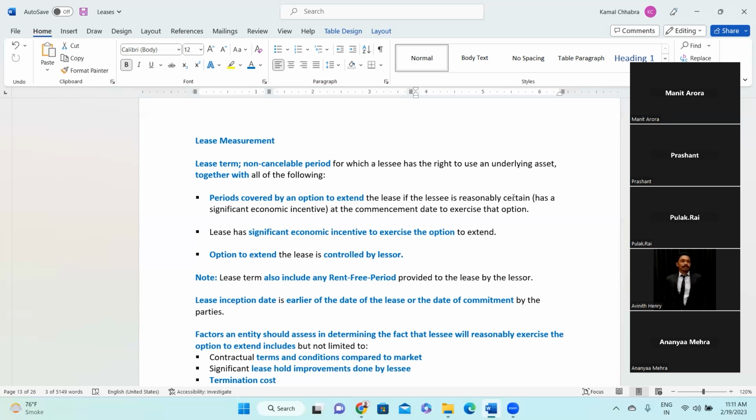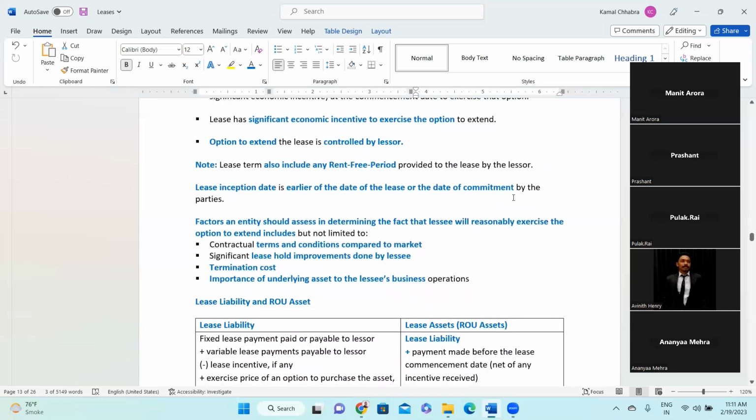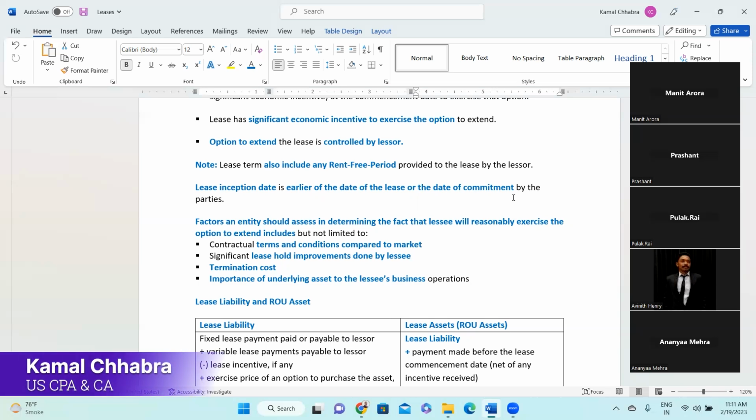Yes, sir. So note that the lease terms also include the rent-free period provided to the lessee by the lessor. Sometimes, if I give you an example from North India, in the Noida or Greater Noida side, there are many corporate buildings which have been recently developed, and many of them are not much occupied.